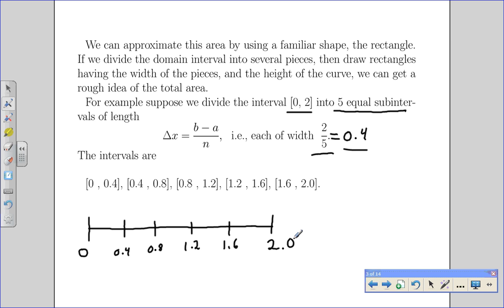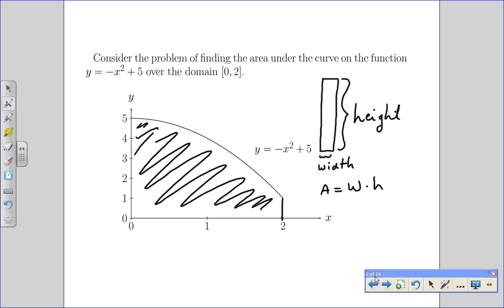Now, when I divide my shape into rectangles, and I'm going to go back one screen here for a moment, my rectangle is going to fit, let's say, inside my curve.